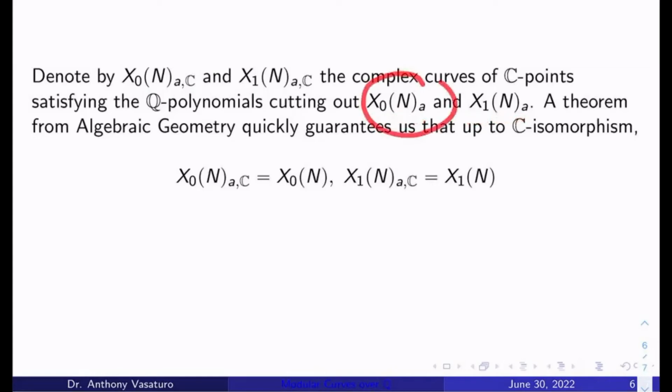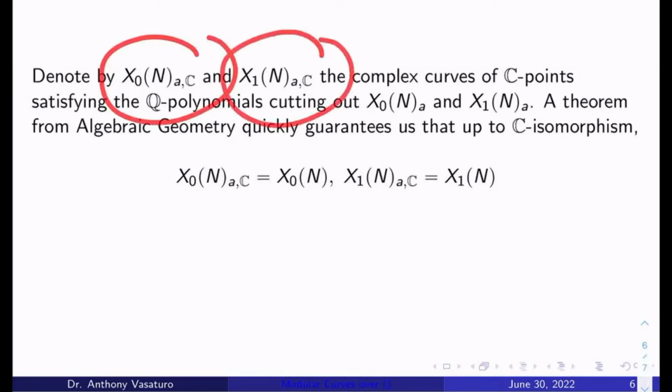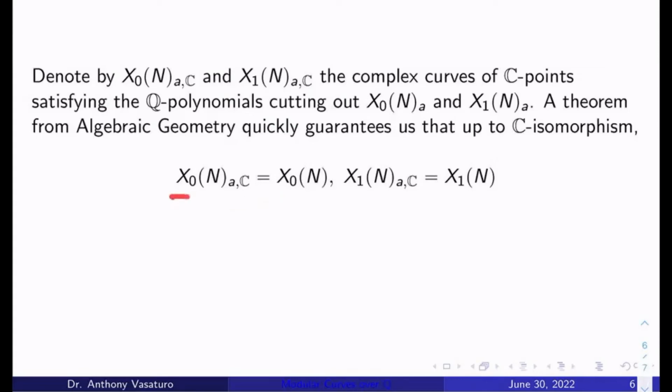Remember, these are algebraic Q curves. They're cut out by polynomials over Q. I can certainly look at the set of complex points satisfying those curves, and I'll name them with this extra subscript C. What's going on here is there's a theorem from algebraic geometry that guarantees you that, up to C isomorphism, the complex points on X_0(n)_a are just the points of X_0(n).